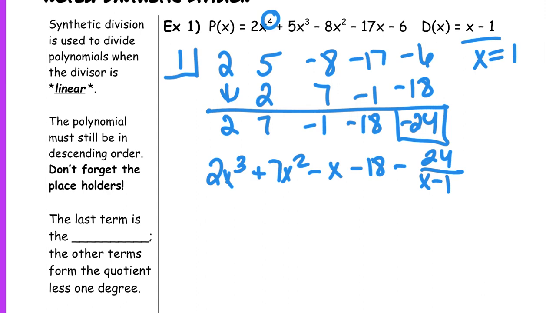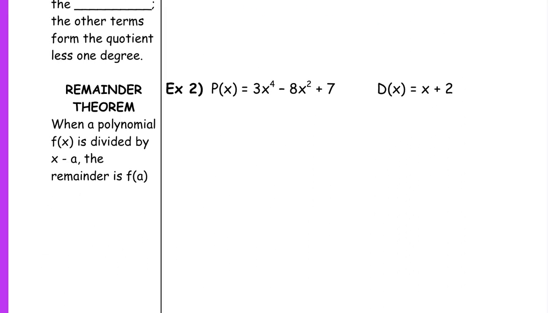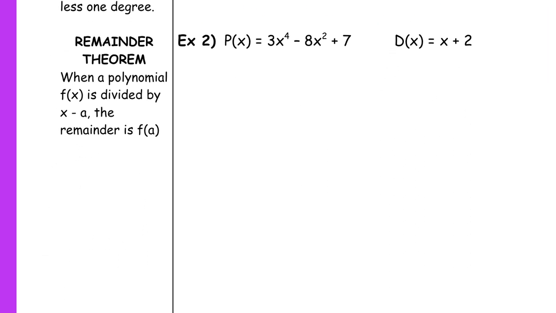Okay. Let's try another. This one, like I mentioned, we're going to talk about 2 things. We got remainder theorem, and I'll talk to you about that in a second. In the meantime, is this going to follow me? This one, notice it has a degree of 4, but we only have 3 coefficients. So we have to make sure that we include all of the zeros.